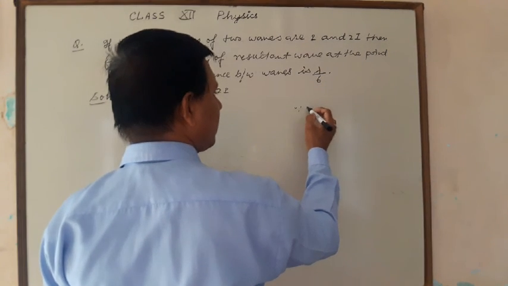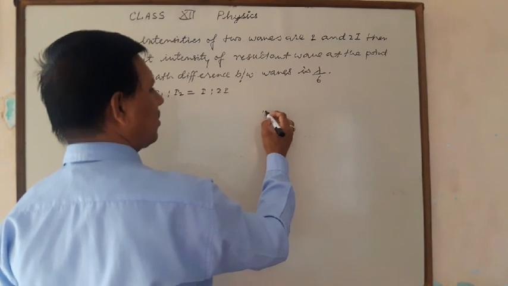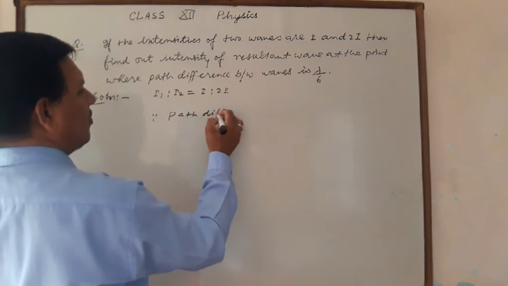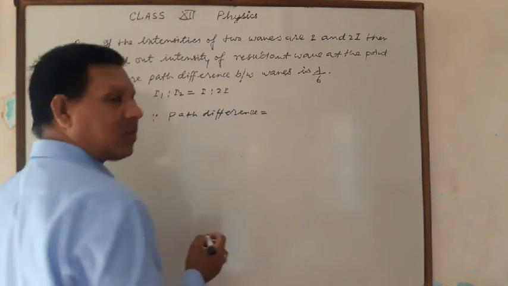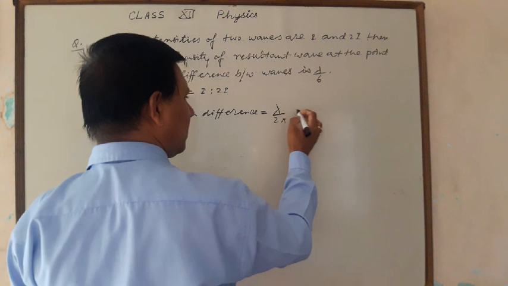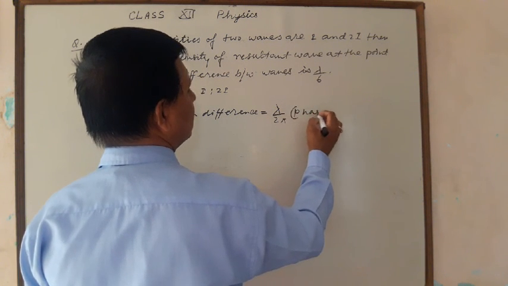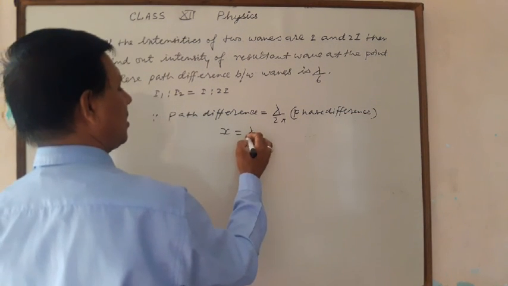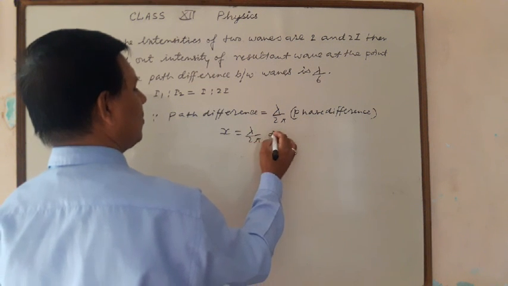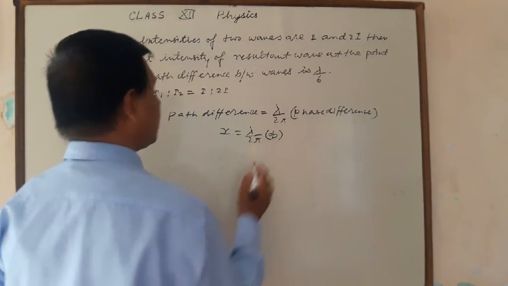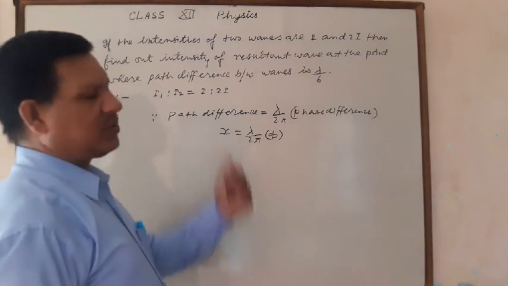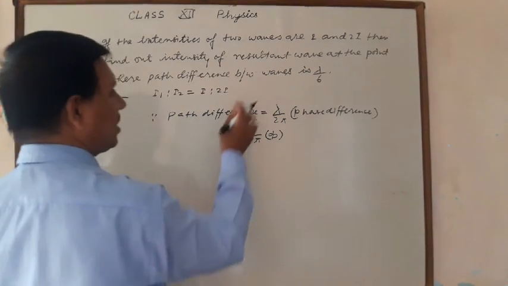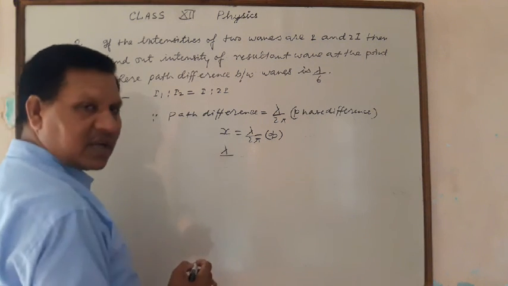Since we know that path difference is equal to lambda by 2 pi into phase difference, that is x is equal to lambda by 2 pi into phi. Here the path difference between the two waves is given, so we can find out the phase difference by putting the value of path difference in place of x.